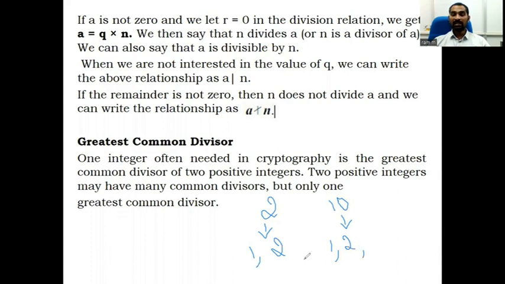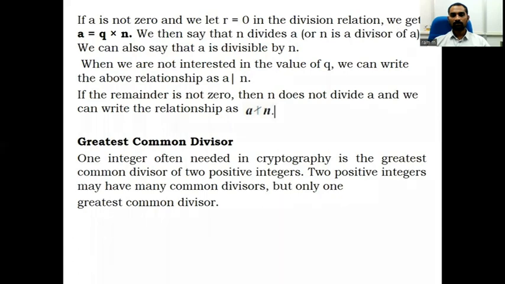We take only the values which exactly divide the number. Then 5 we can take, and 10 itself. Now from these two sets, we consider the common values, which are 1 and 2. From these common divisors, we choose the largest one as the GCD. So here the GCD is 2. Now we'll see one more example.